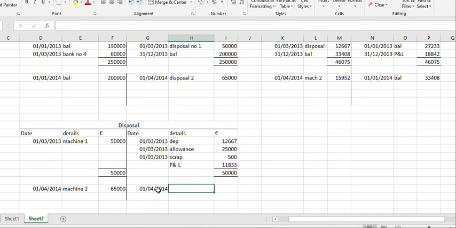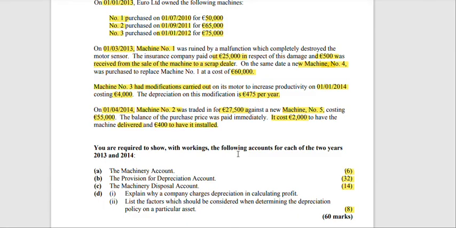Again, we will call it depreciation of 15,952. If we look at the question to see was there any trade-in allowance, so machine number 2 was traded in for 27,500. 27,500 was the trade-in allowance.